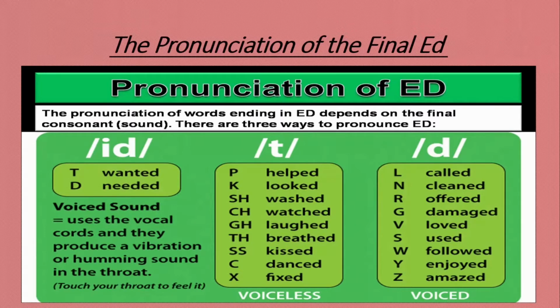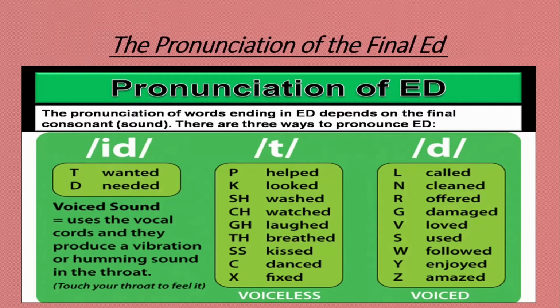We can hear the final ed in the past form of a verb as t if the base form of the verb ends in a voiceless consonant. And what do I mean by voiceless consonant?